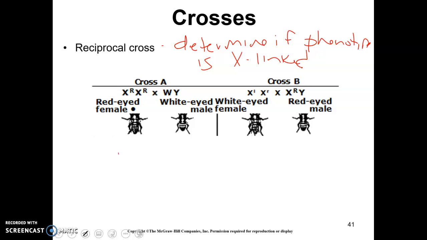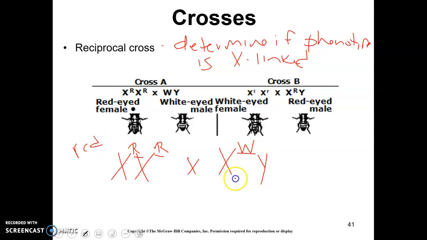You have a female here, and we're going to change these around a little, who's mated with a male, okay? So here's our female, here's our male's genotype. She's red, he's white. And then you get whatever the offspring are.